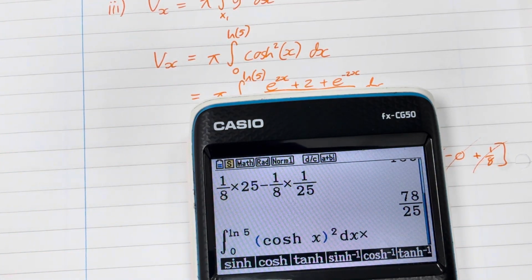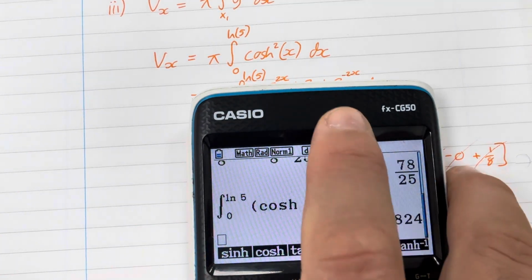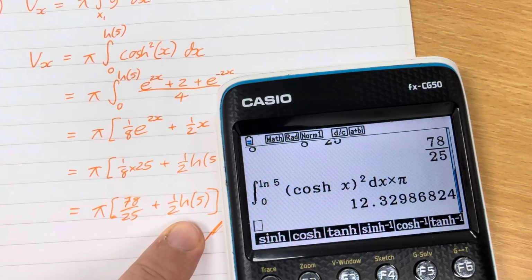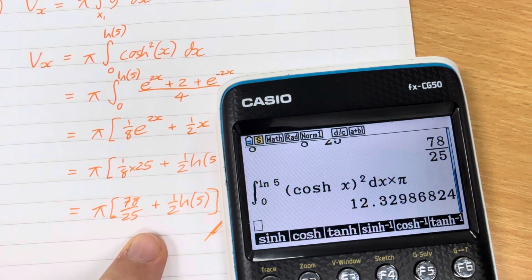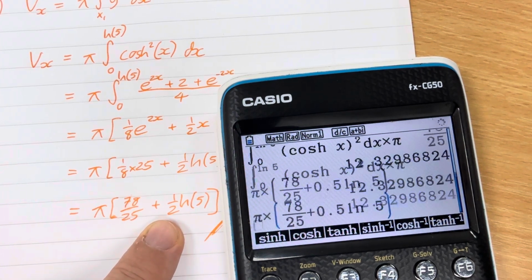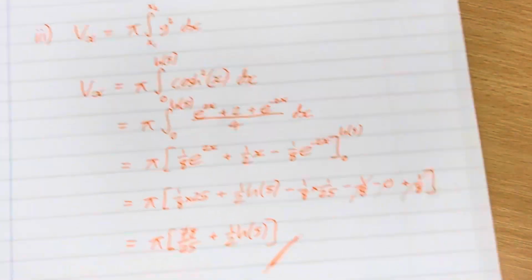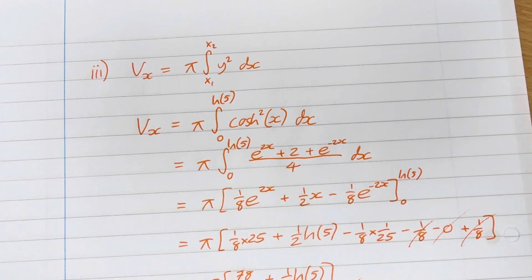I'm going to times that number by pi, and that gives me that. And what I should find is if I plug this into the calculator, I should get the same decimal. So pi times 78/25 plus a half log 5. There we go. Okay, so that confirms that all of my working here is correct. And I can move on to the next question without worry.